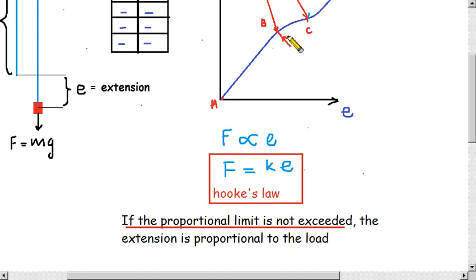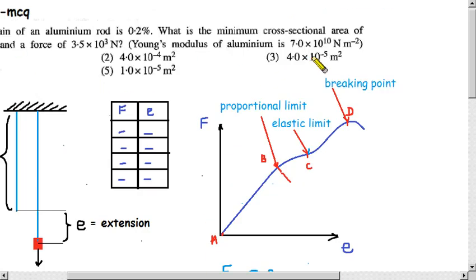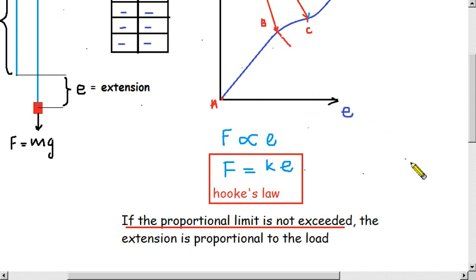Beyond this point, it is not valid. That is why Hooke said, if the proportional limit is not exceeded, that means you are in only this region. You can't go beyond that. That is Hooke's law.